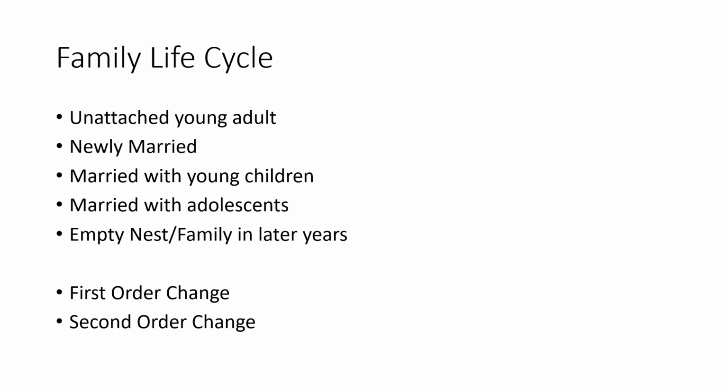So we have our family life cycle as well. So it starts from an attached young adult, newly married, married with young children, married with adolescents, and empty nest or family in later years. So each one would have issues that they have to overcome in different stages of life.